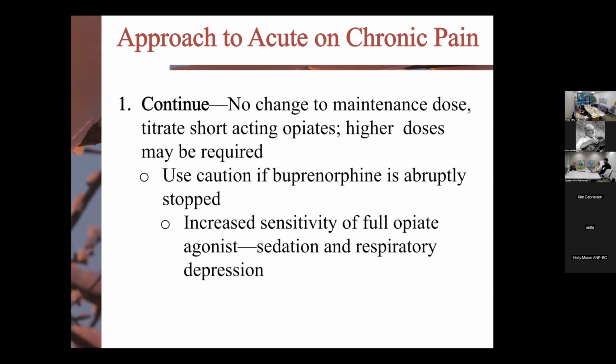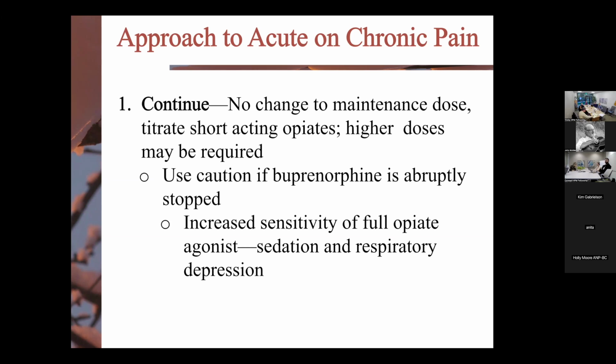So what do we do in acute pain for somebody who is on buprenorphine, post-surgical pain, other sorts of acute pain? There's 4 different recommendations. We'll go through all of those, but number 1 is really the simplest and easiest and the one that I would recommend. So that is really, don't change your maintenance dose. You can titrate short-acting medications to higher doses, but keep them on that home dose of buprenorphine.